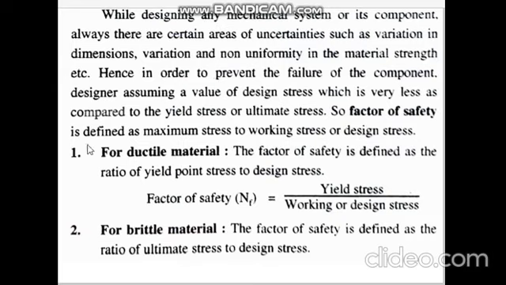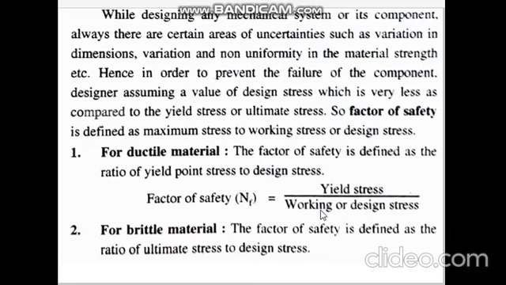Now, for ductile materials, what is the factor of safety? It is given as n suffix f, where f is for factor of safety. The factor of safety n_f is yield stress upon working stress or design stress.